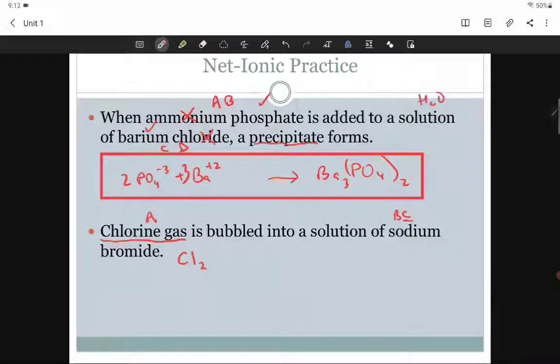And if you ever see it: chlorine, bromine, iodine, oxygen, hydrogen, nitrogen. I might have forgotten one or two there. Fluorine. They are always diatomic molecules in their elemental state. So we got Cl2, and then we have sodium bromide, NaBr.